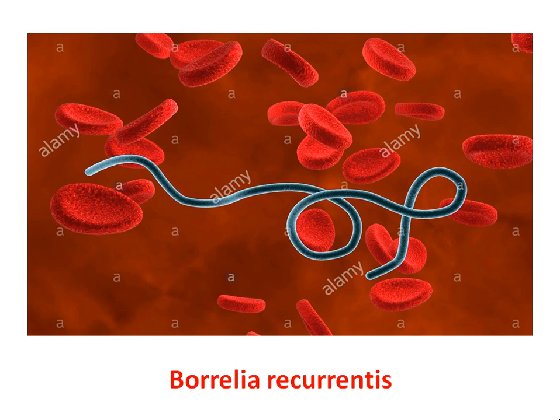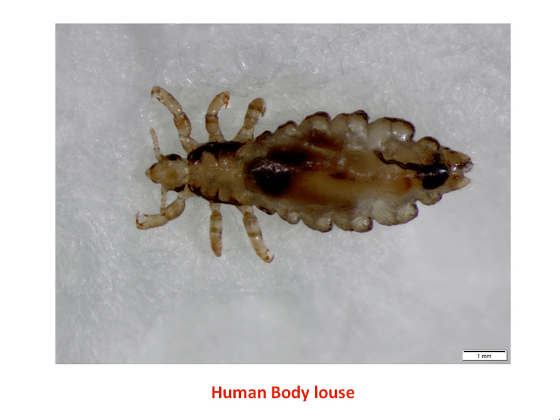This is the pathogenic bacterium, Borrelia recurrentis, which causes epidemic relapsing fever. This is our vector, the human body louse. The human body louse is responsible for transmitting the pathogenic agent, Borrelia recurrentis, from one person to another during a blood meal.